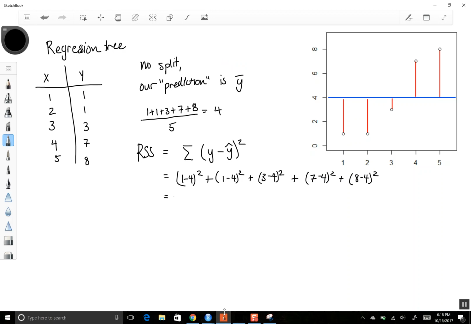So here we would get 9 plus 9 plus 1 plus 9 plus 16. And we add that up, and we get a total residual sum of squares of 44. This is where we are right now. This is no split on the data.